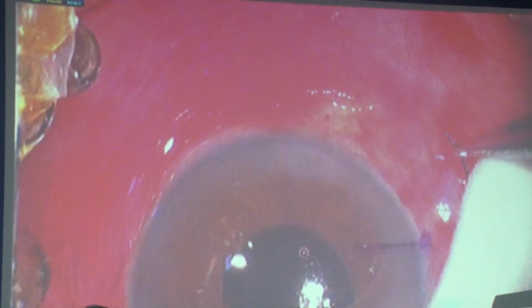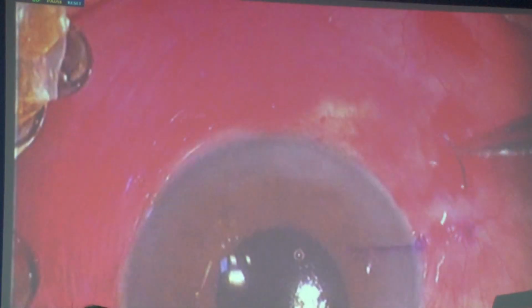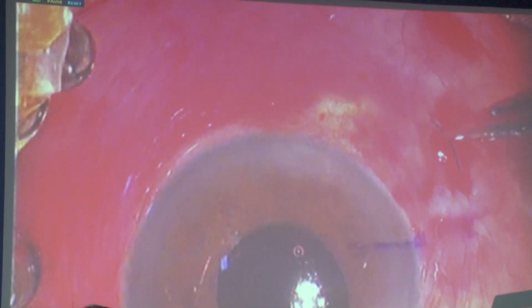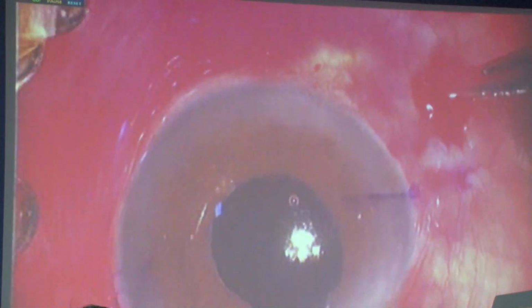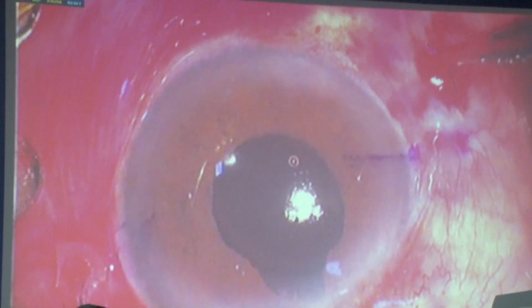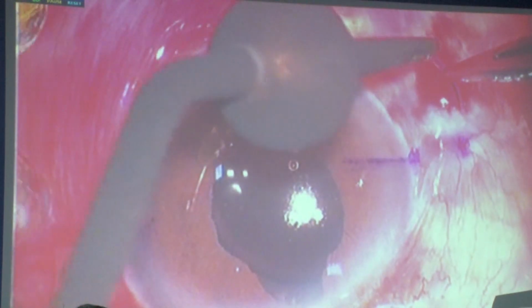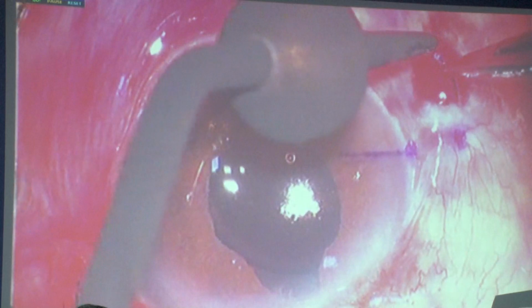Now we can always cauterize the haptic. Cauterizing will make a mushroom shaped bulb at the end of the haptic. You can use an electric cautery or a heat cautery. I've used a heat cautery here because that day the electric cautery was not working. So heat cautery is also always handy to use. Make sure you don't touch the cornea when you use a cautery.